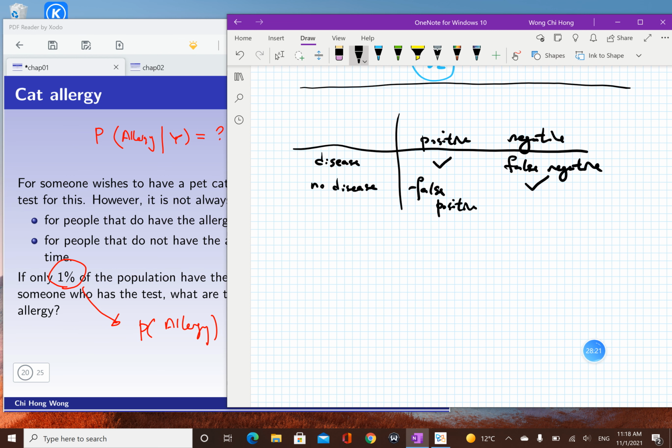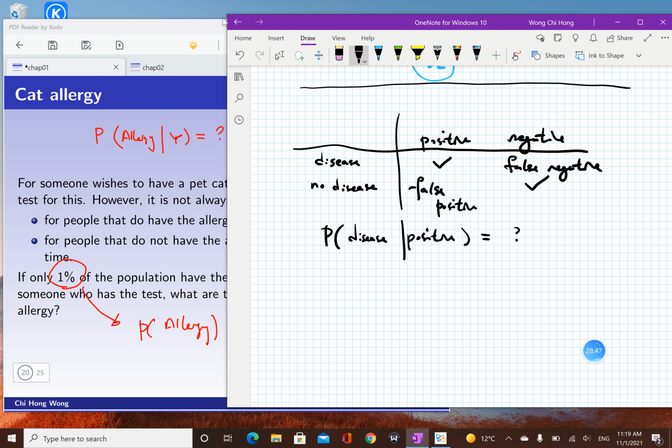But as I say, for ordinary people, we want to know that if we get a positive result, what is the probability that I do have the disease? This is what we care about. In fact, this accuracy thing is done the other way around. So we will have to do these calculations to see what we actually have.